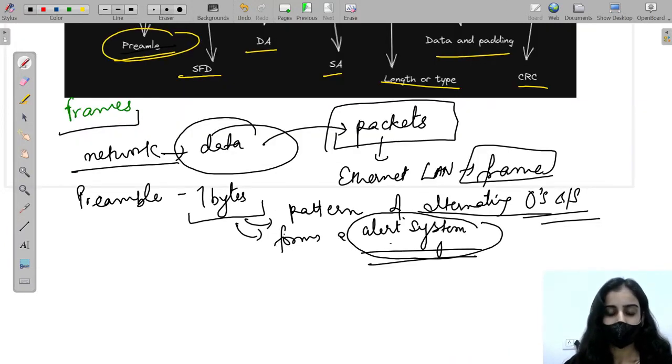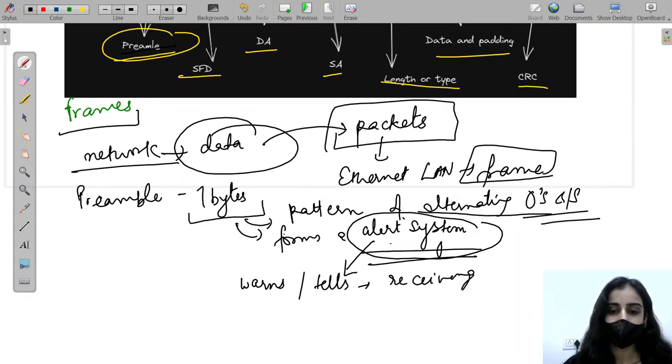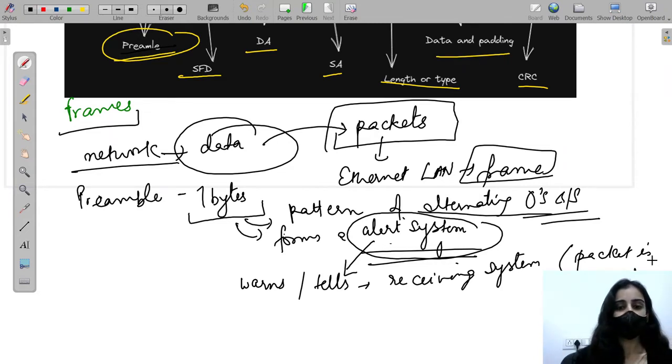What this alert system does is that it warns or tells the receiving system that a packet is coming. This is the only job of preamble, to warn the receiving system that the packet is coming and be ready for that.